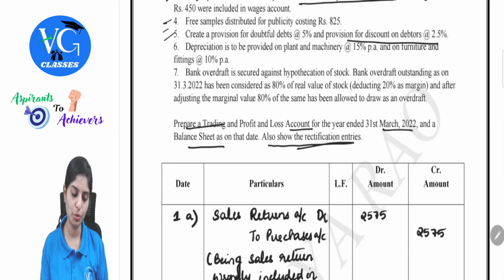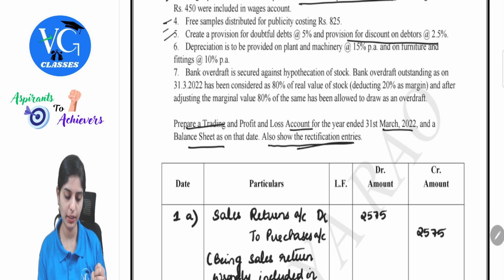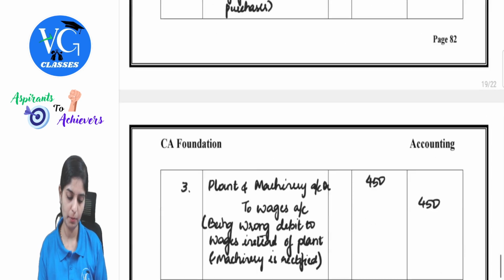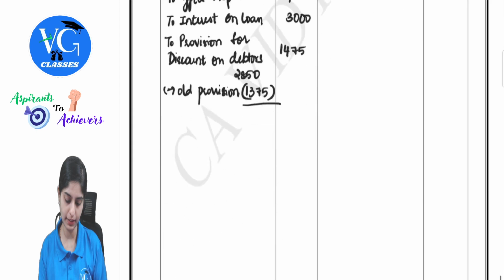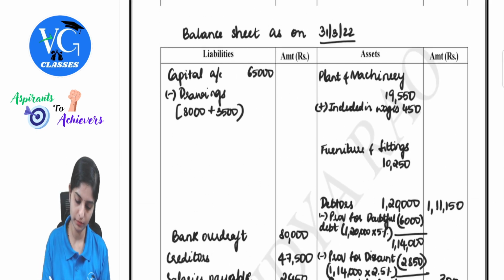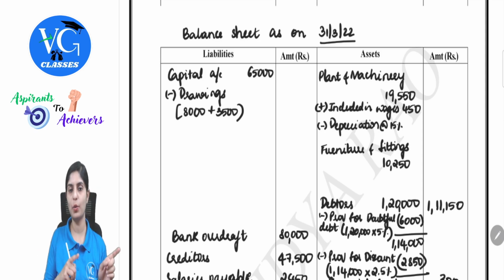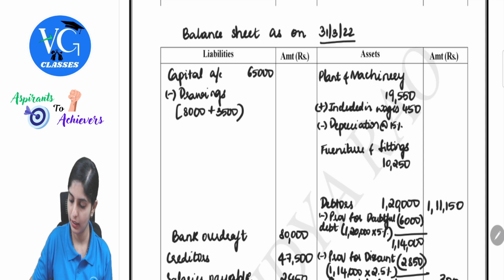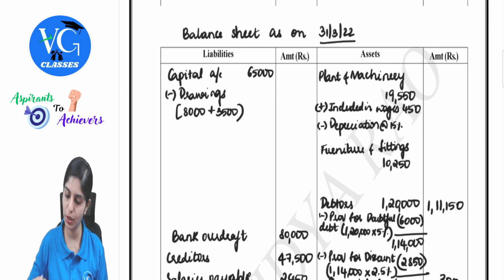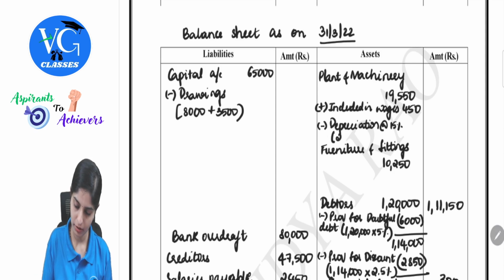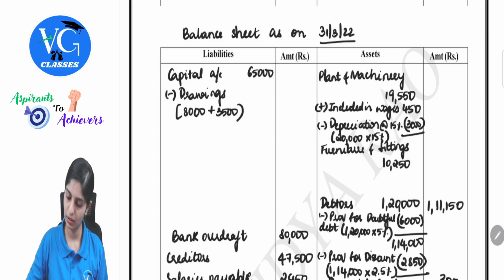Next, depreciation is to be provided on plant and machinery at 15% and on furniture 10%. On plant and machinery 15%. See, in this case, unlike previous question, there is no dates given. So on total, that is 19,550 plus 450, you will charge 15%. 20,000 into 15%. So this will be 3,000.